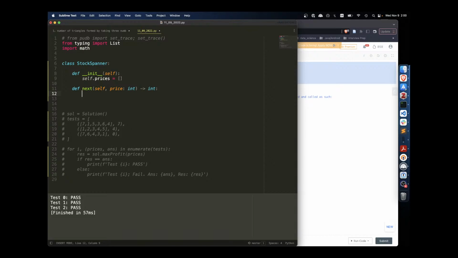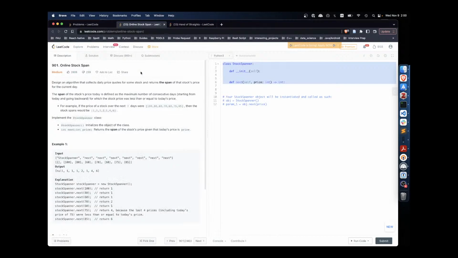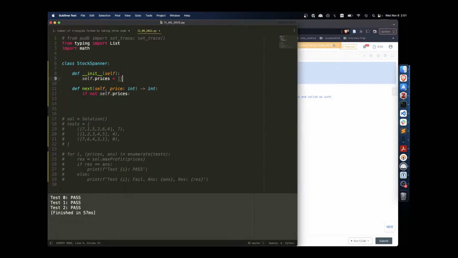Okay, so what we're gonna say is if not price, okay, then self.price. I mean, we can put a 0 at the beginning. No, we put inf at the beginning. Then everything is fine, right?